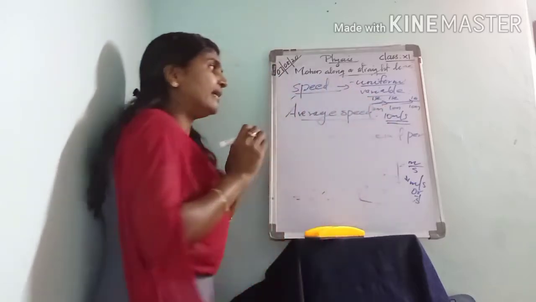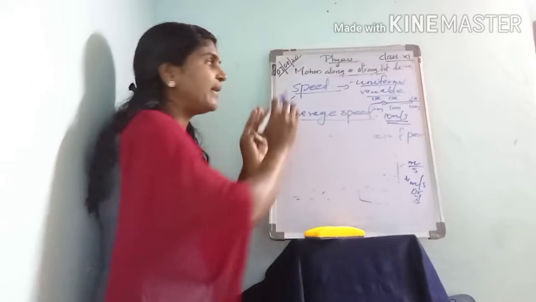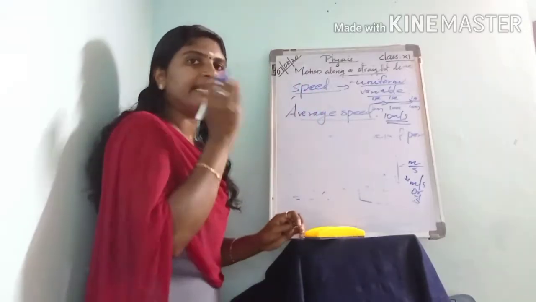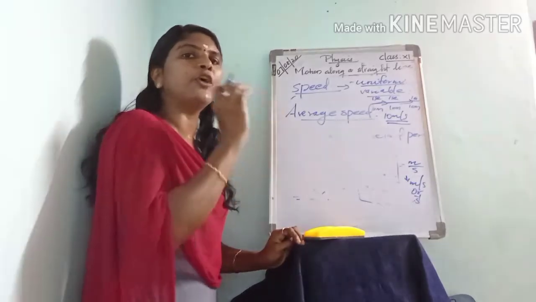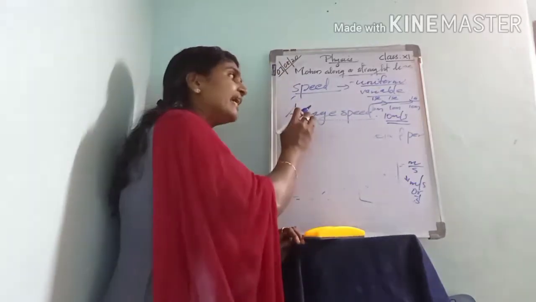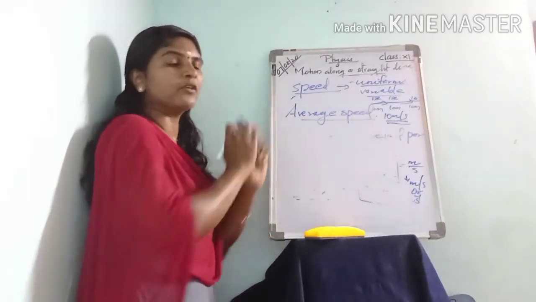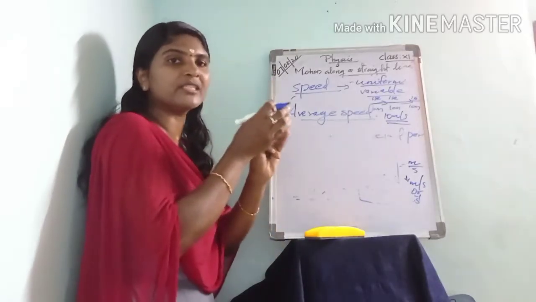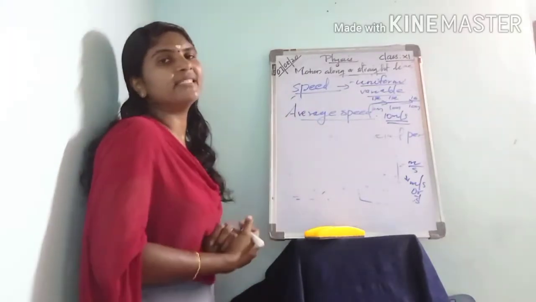In the case of uniform motion, there is no need to calculate the average speed because speed is constant. But in the case of non-uniform motion, the speed of an object is not constant, so we have to calculate the average speed. Most of the motion surrounding us is non-uniform. Then how can we calculate the average speed?